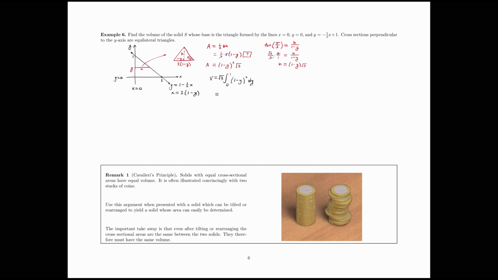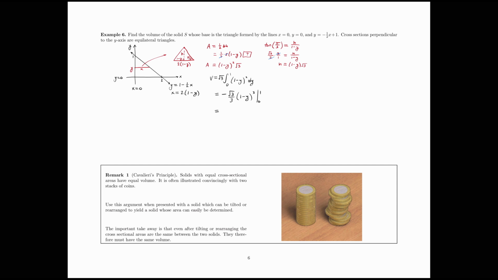Again, we can use our integration trick, because this inside function is a first-degree polynomial. We can just divide by the derivative of the inside. So negative 1 we're dividing by, so negative root 3. Then we integrate this, so we'd have 1/3 times 1 minus y quantity cubed between 0 and 1.